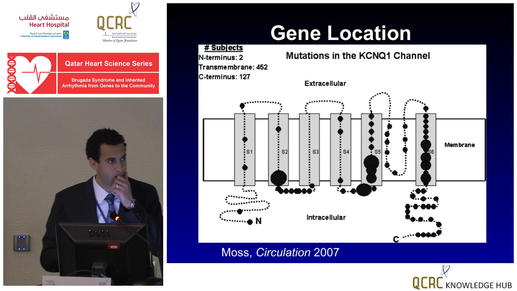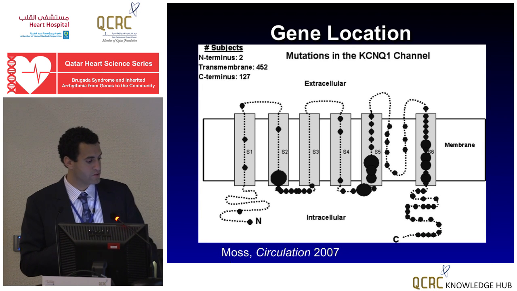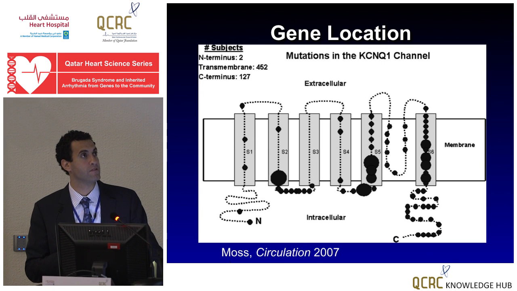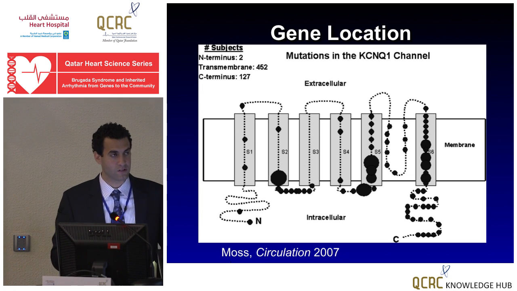Gene location also matters. Dr. Moss, who was involved in the long QT registry, published this data about 7 years ago in Circulation, looking at where the mutations are, and this is KCNQ1, the long QT1 gene population. The bigger the dot, the more mutations they found in their patient cohort.